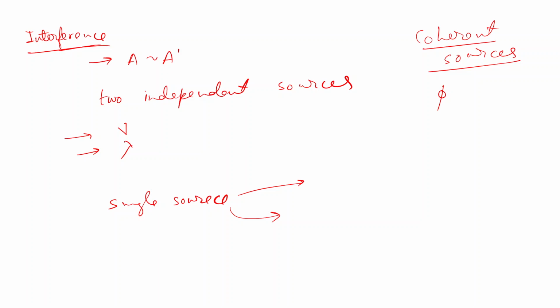So the phase difference is not zero, the phase is not the same, but the phase difference is constant, and this is the condition we need to get interference as well. Keep in mind, we will be seeing by various means how we can get coherent sources for different kinds of interference patterns.